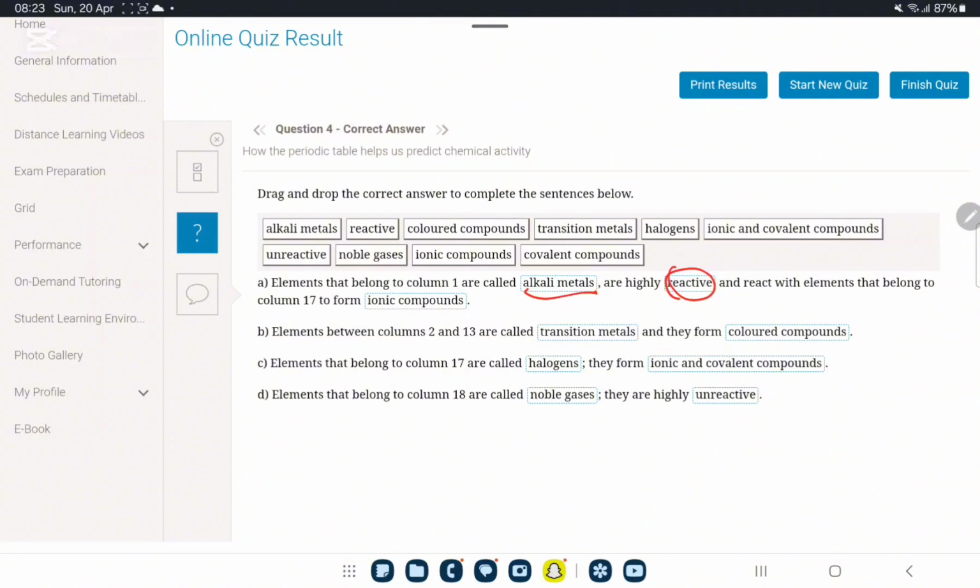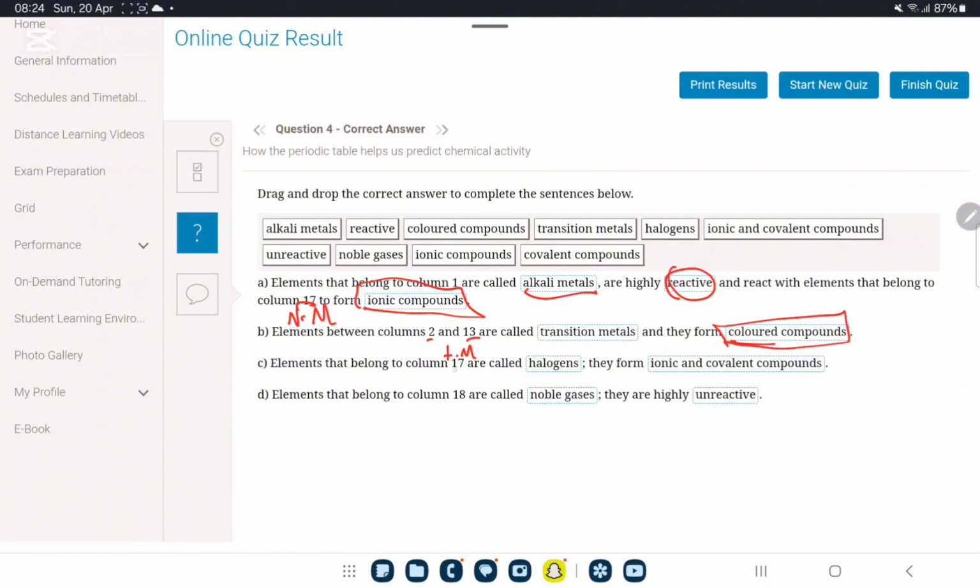And they react with elements in group 17, non-metals, to form ionic compounds. Metals and non-metals, ionic compounds. Elements between 2 and 13, transition metals. And they form colored compounds. That's a special feature about the transition metals. You have to memorize it, colored compounds.